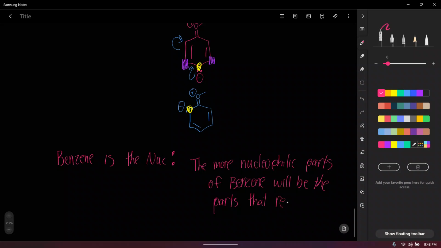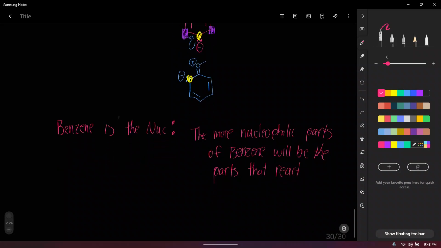And it should make sense that when you're talking about nucleophiles, the more negative a nucleophile is, the more reactive it is.